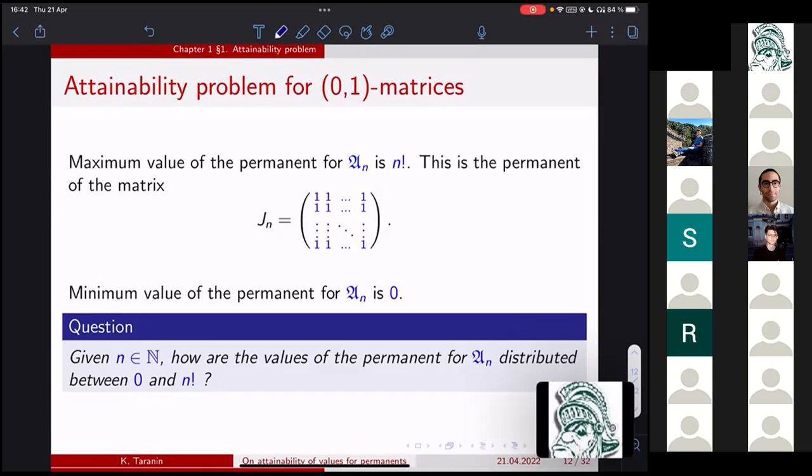There is also an area about the conversion between the permanent and determinant. People were trying to calculate the permanent by finding a matrix which has the same determinant. And even this method doesn't really work. It is possible for a very small class of matrices. I can't tell now for which particular class, but I know that it's not that big.